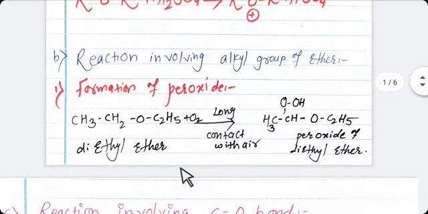See the reaction in which we are taking diethyl ether. You can use any one of the ethers. This diethyl ether reacts with atmospheric oxygen and forms peroxide of diethyl ether.